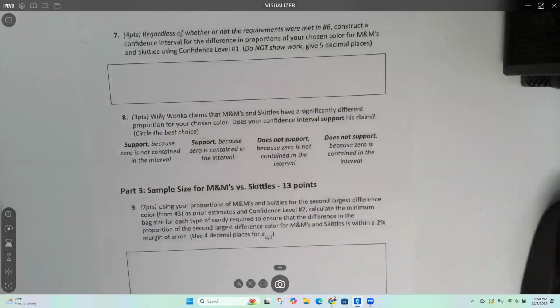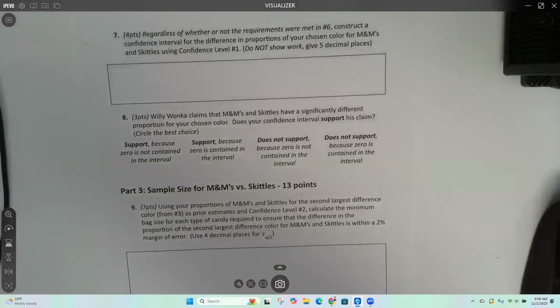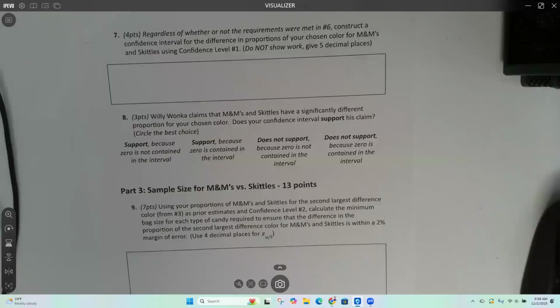So that's important because if you have to go back and buy a new bag, that's going to cost you money. Or if you had to redo your sample, you have to go back and talk to more people. That's going to take time. It might cost money. But as long as your first selection was random, you can still use it. Okay, you don't have to restart.